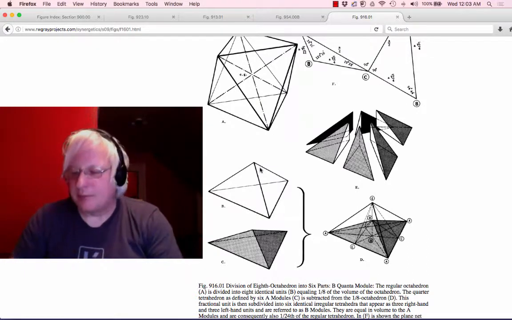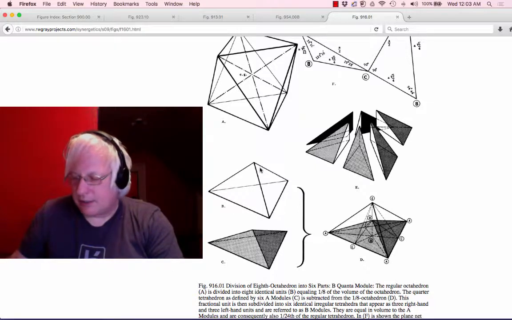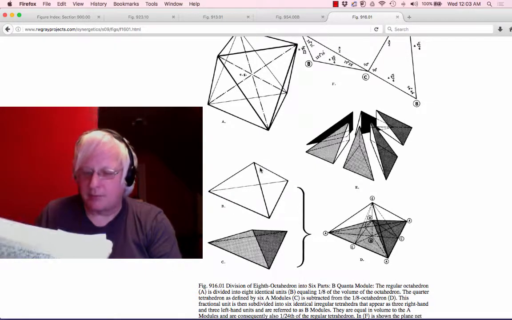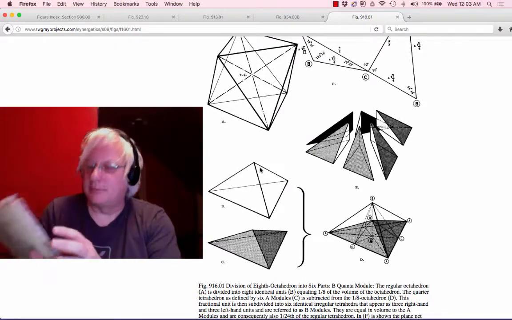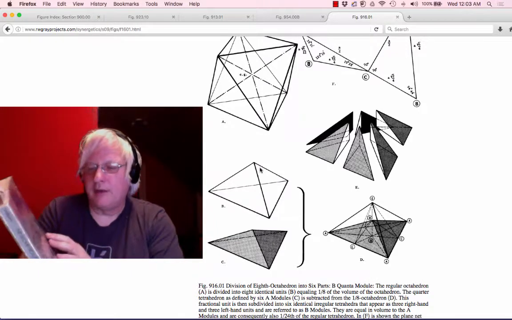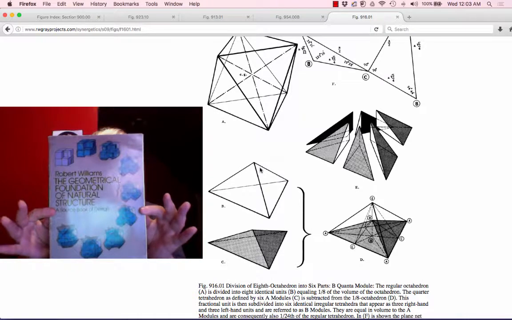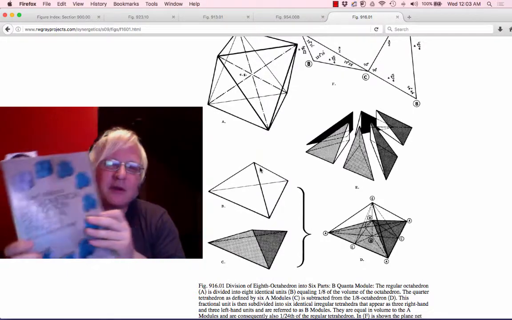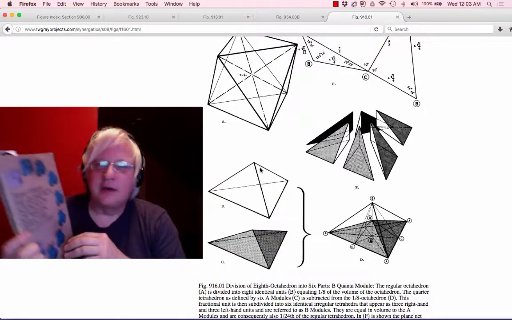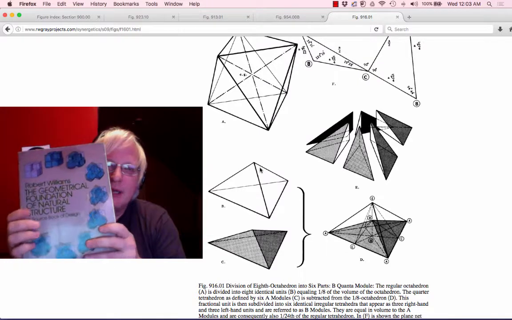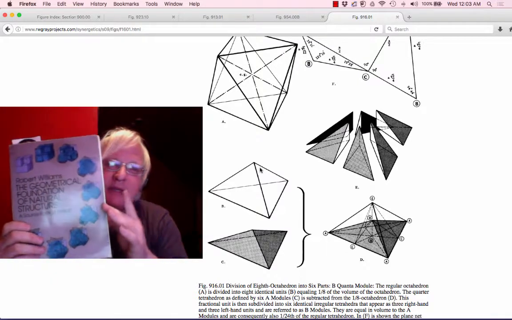Now that's a little bit different treatment than you'll find in this excellent book by Robert Williams called The Geometrical Foundation of Natural Structure. A lot of us who are students of Synergetics will also have other books in our collection, such as this one. However, his treatment of the A and B is a little bit different.